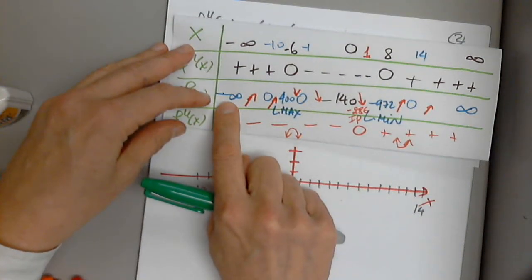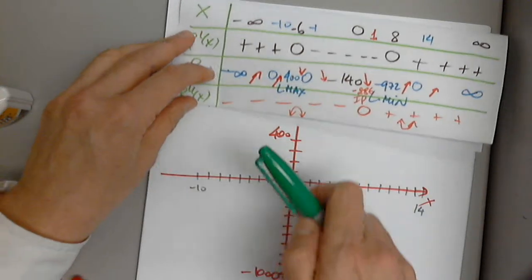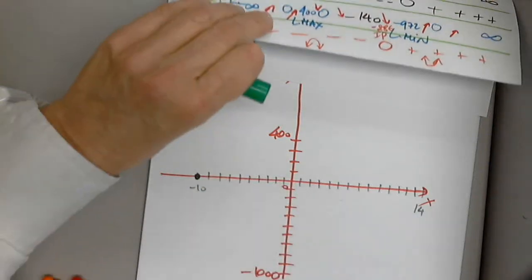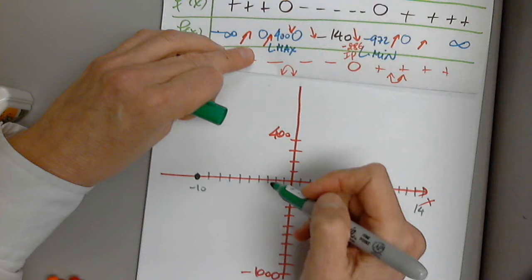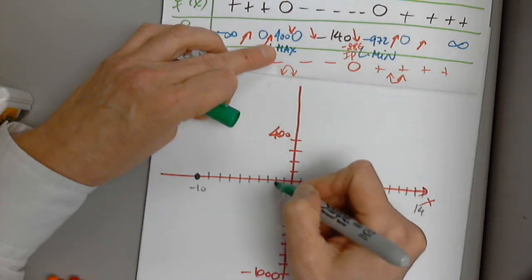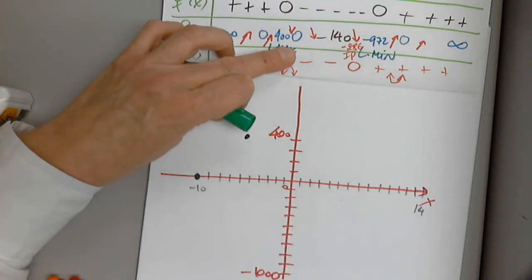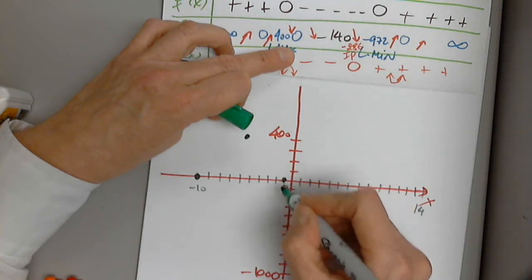Coming from negative infinity, the function is increasing to negative 10 comma 0. Let's plot the points first. That's better. I have negative 10, 0. I have negative 6 comma 400. Negative 1 comma 0.